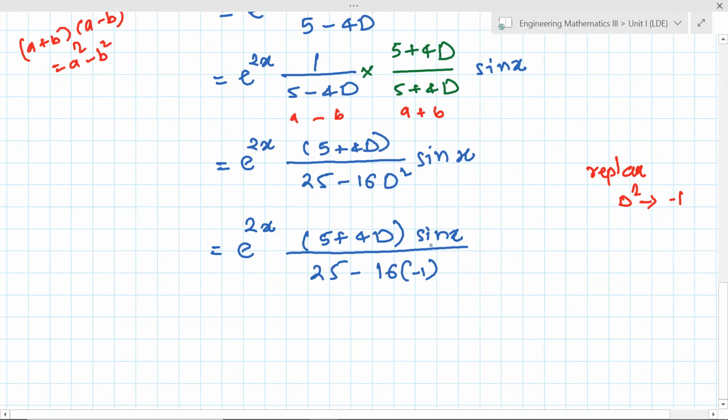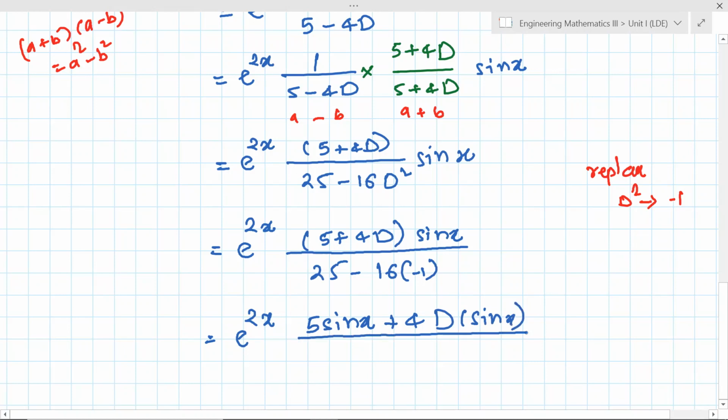Minus minus becomes plus, and just take the multiplication of sine x with the bracket. So e raised to 2x, 5 sine x plus 4 into D of sine x. D of sine x means derivative of sine x, it is cos x. And 25 plus 16, it is what? 41. So this is 41.